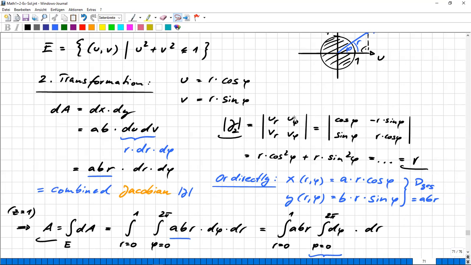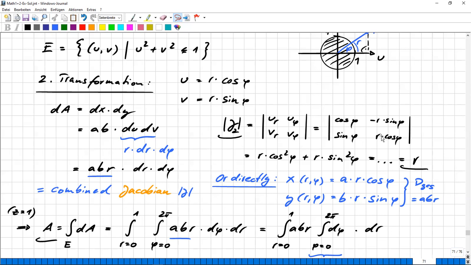Second, the partial derivative for phi: the factor of r this time stays there, and then cosine of phi gets differentiated to be negative sine of phi. So this is nothing new, I suppose. The same for v: v index r gets us sine of phi, and v index phi gets us r staying there, times the derivative of sine of phi for phi, so cosine of phi.